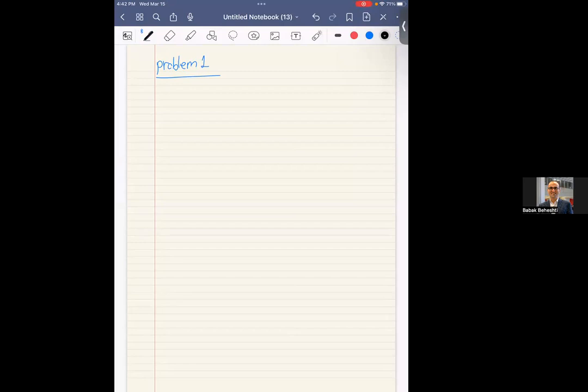Problem 1 is saying that a right circular cylinder is inscribed in a sphere of radius r.